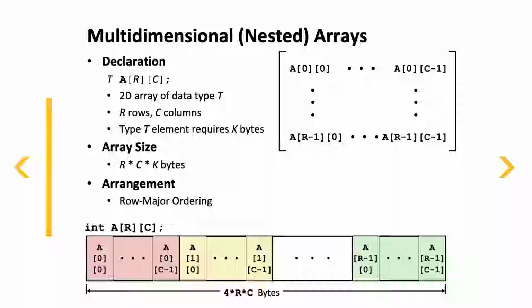All right, so we still just get ourselves an allocation of 4 times R times C bytes, because if we're talking about an integer, we've got 4 bytes per element, that's our K, times the number of rows, times the number of columns, and we just lay them out row by row by row. So this ends up conceptually being pretty simple too.